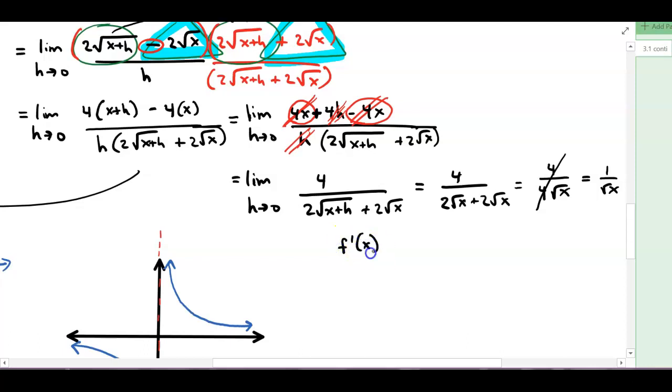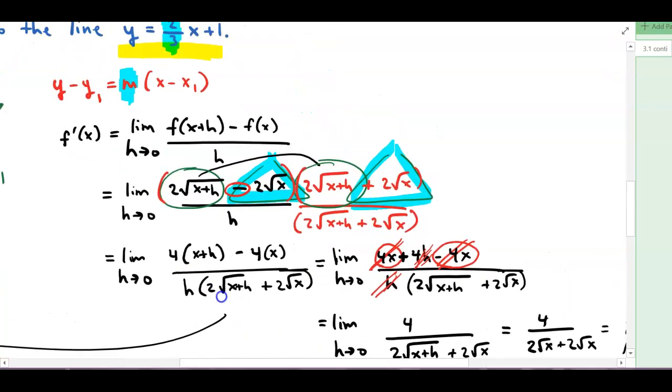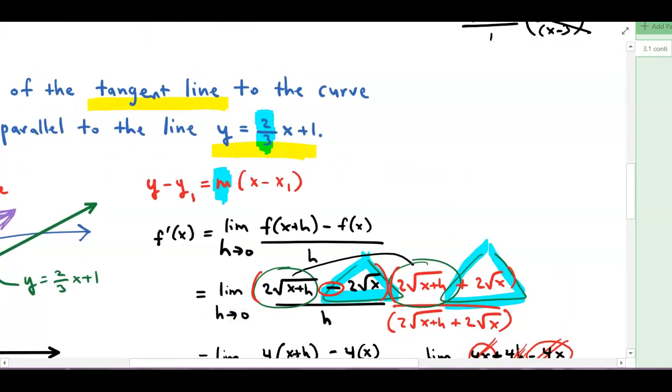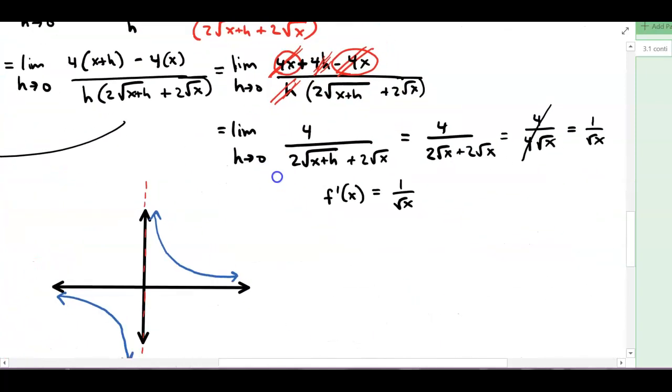F prime of x is 1 over rad x. That's your slope. But in the problem, you were given the slope, right? The slope was 2/3. So what we could do now is set the slope, the derivative, equal to the slope that the book gave you.